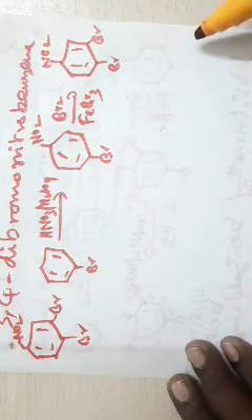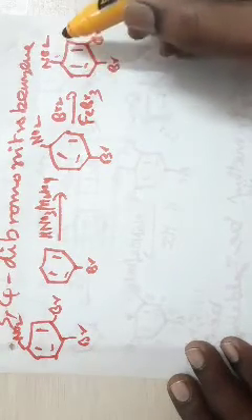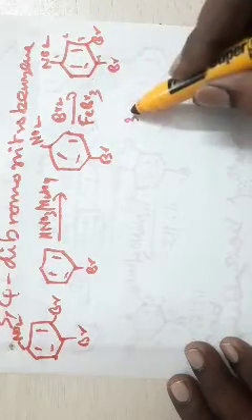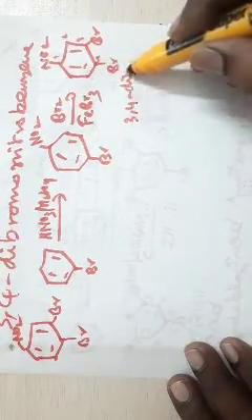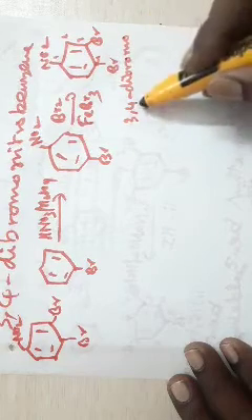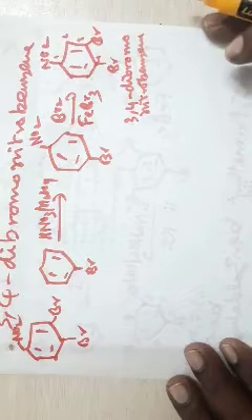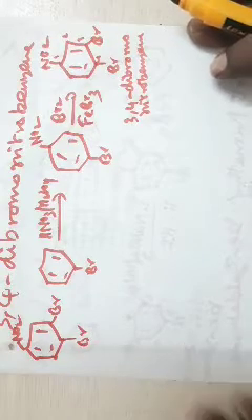So this is your 1, 2, 3, 4, 5, 6. So this is your 3,4-dibromonitrobenzene.